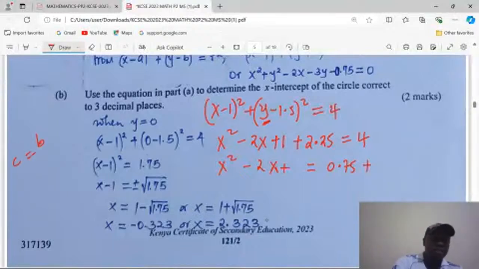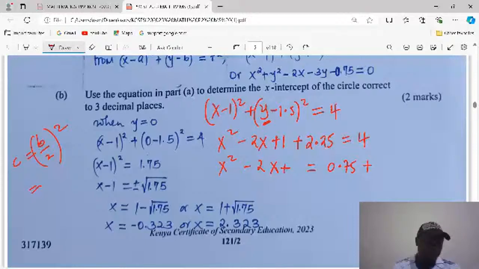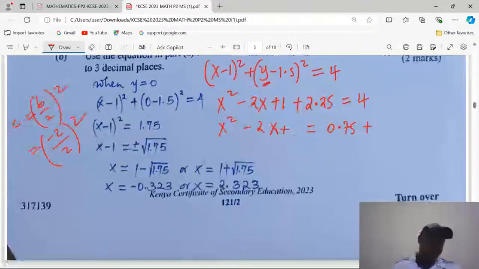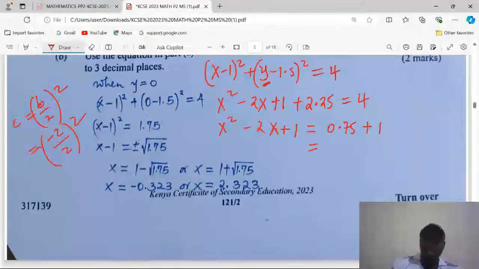The constant c is usually given by b over 2, squared. So the coefficient of x in this case is going to be -2. So -2 over 2, then we square, we shall get exactly 1. We get exactly 1 because this is -1 squared. So we get 1, and we also add 1 to the other side. So we will be having 1.75.